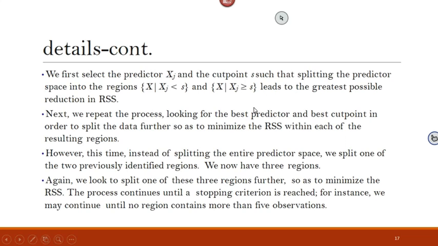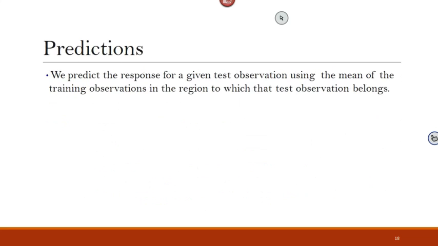So again, we first select a predictor X and a cut point S, such that splitting the predictor space into regions will lead to the greatest possible reduction in RSS. And then after that, we go about the next predictor and the next cut point and so on. So you repeat the process for all. This is the detail of the process of creating a tree.